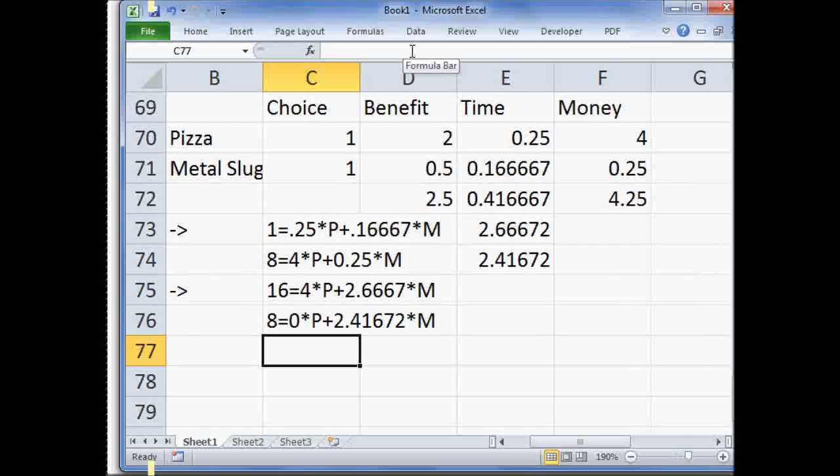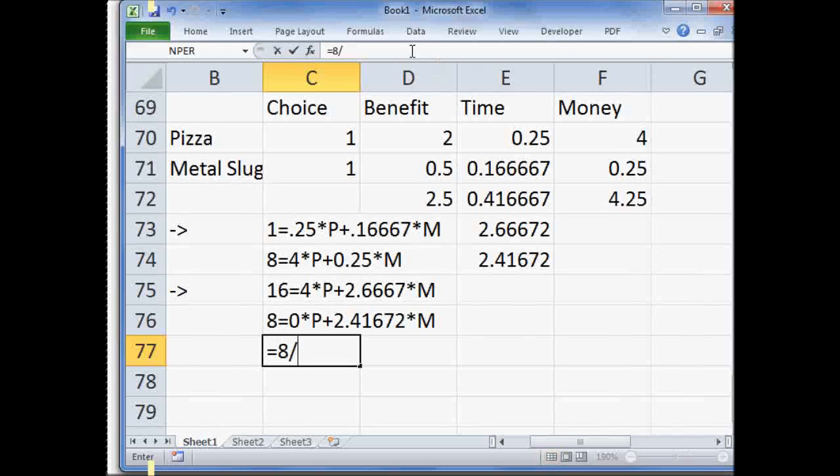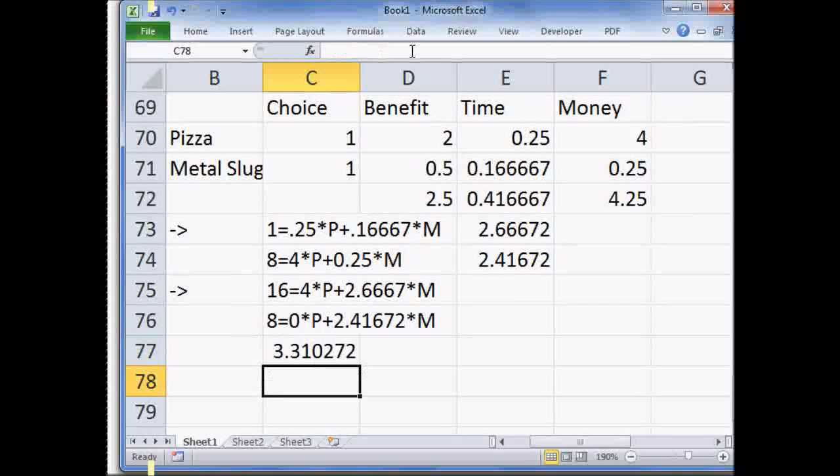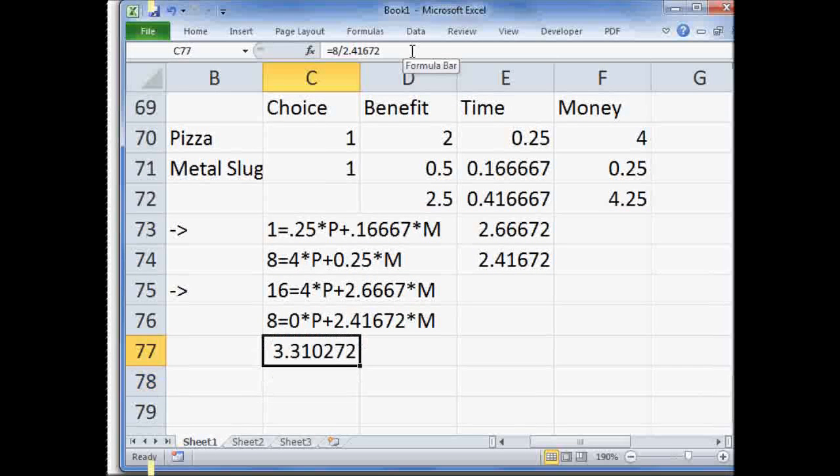Okay, so we see that we've got a new equation that doesn't have any p's in it. We just have 8 equals this other number times m. We can solve now for the m, which is going to be 8 divided by that 2.41667 number. So we play 3.3 games of Metal Slug as a possible solution.